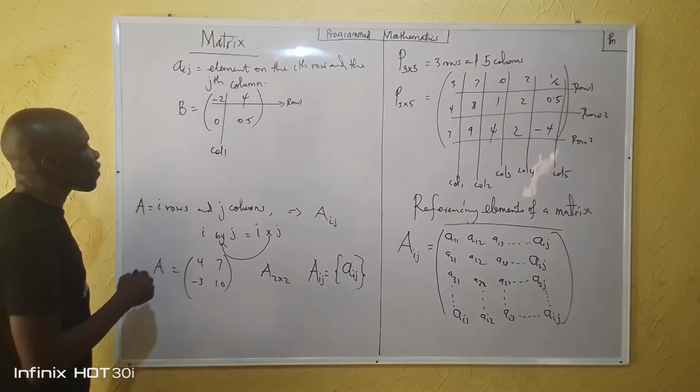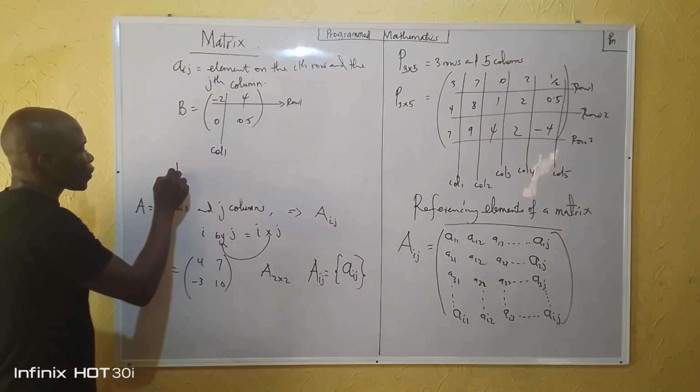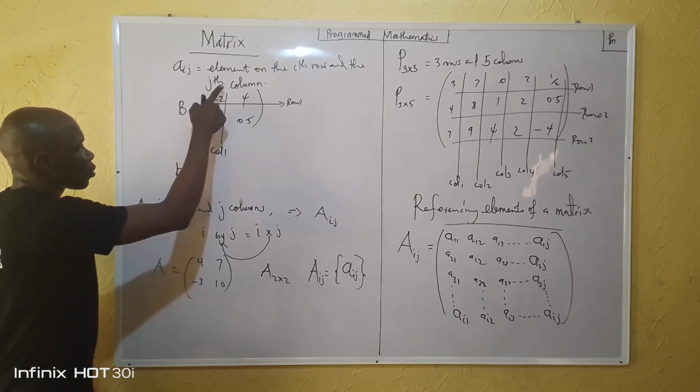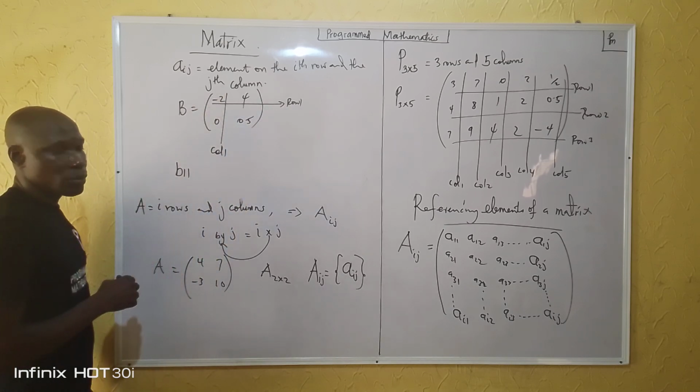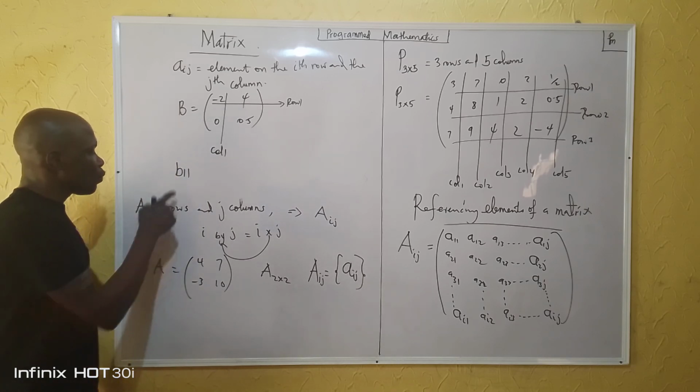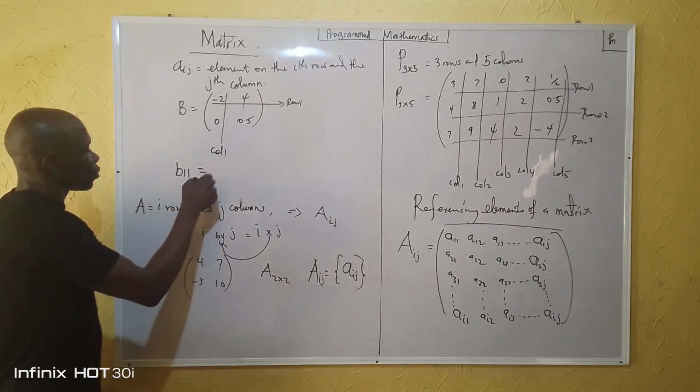So if I need to make reference to -2, I will say b, row 1, column 1, b11. Small b here simply denotes the element of matrix B. So b11 will simply refer to -2.